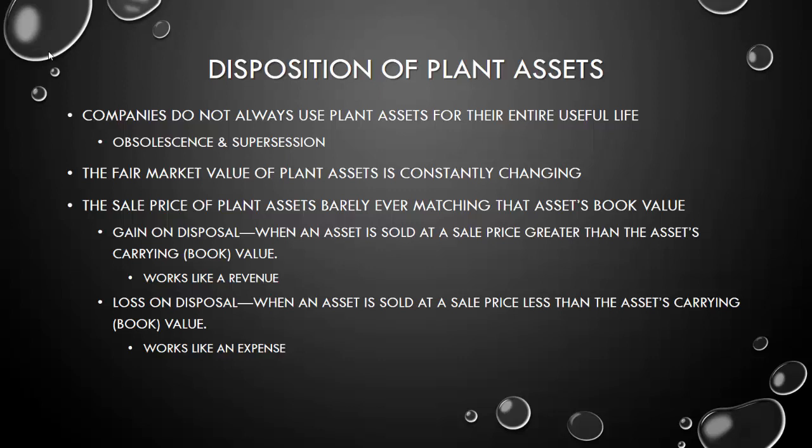GAAP doesn't let you change the book value when something external like obsolescence or supersession happens, which means that our asset's book value is barely ever going to match its actual fair market value or the price that we could sell it for. So under GAAP, you can't increase or decrease your assets to their fair market value.